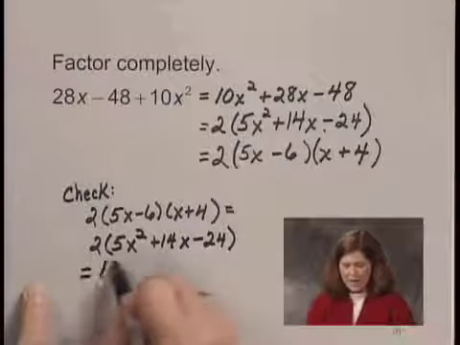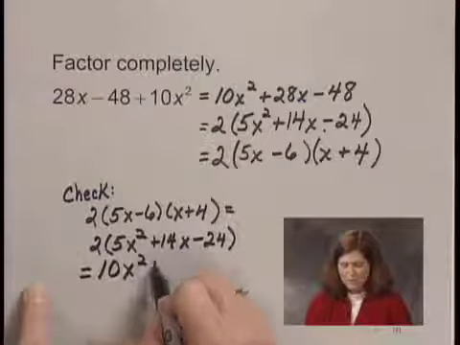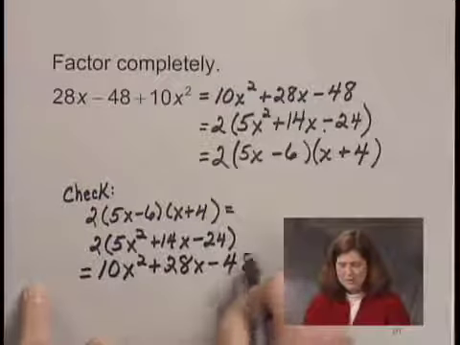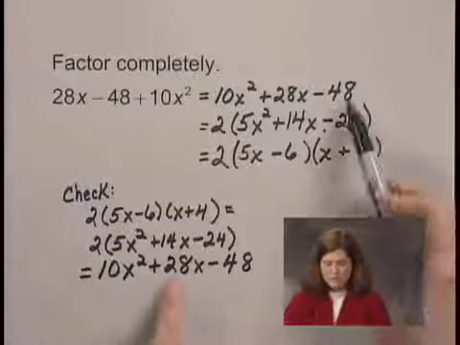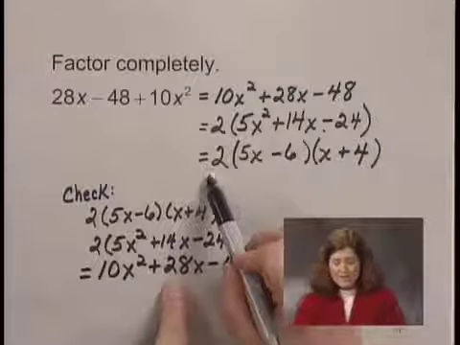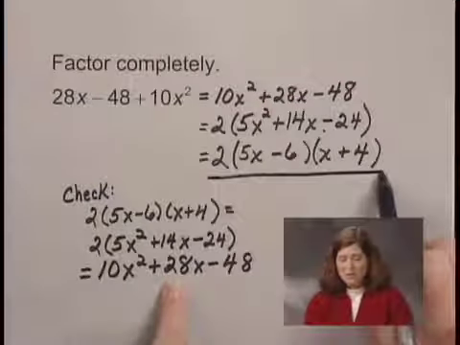Multiplying that, I get 10x squared plus 28x minus 48, which is what we started with, just rearranged. Now, this is the factorization of the original polynomial.